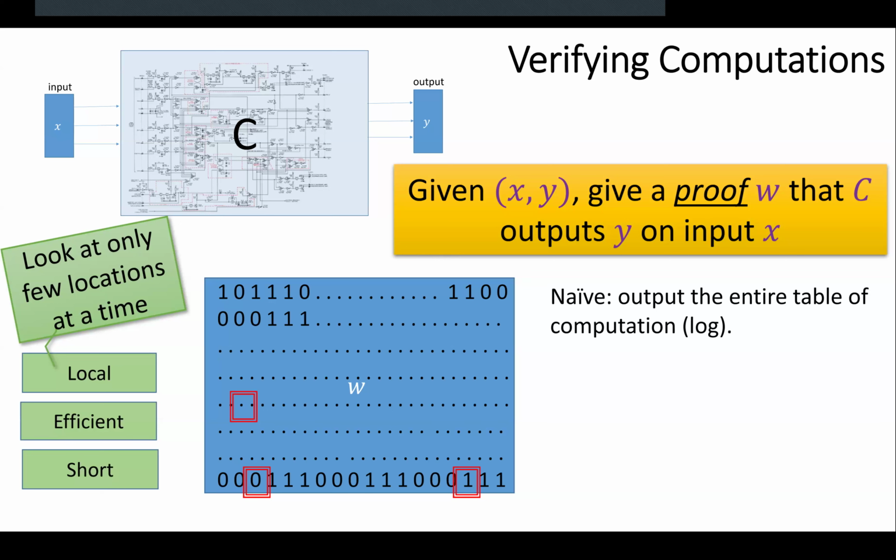The most naive witness is just give me the entire log of computation of the circuit, and I'm just going to verify it by myself. I'm going to verify that the first line implies the second one implies the third one, and so on and so forth. So this is a correct witness. It's completely sound, but other than that, it's nothing. It's not local, it's not efficient, and it's not short. It's just very naive.